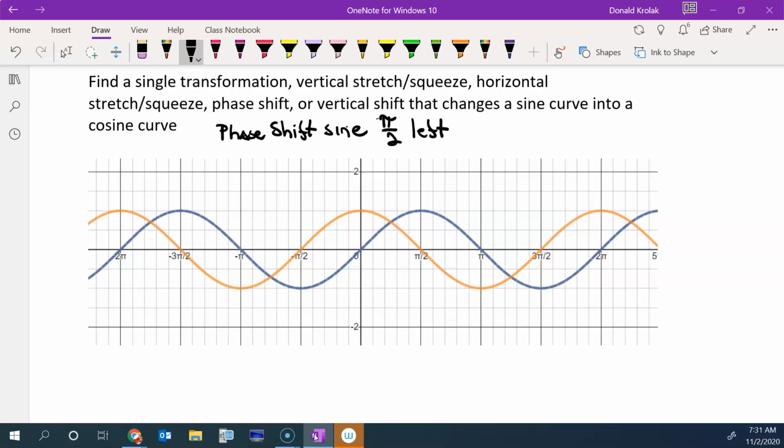What would that equation be? Y equals, how do I shift sine pi over 2 left? Very good. Yep, excellent. Okay, so this would become a cosine graph.